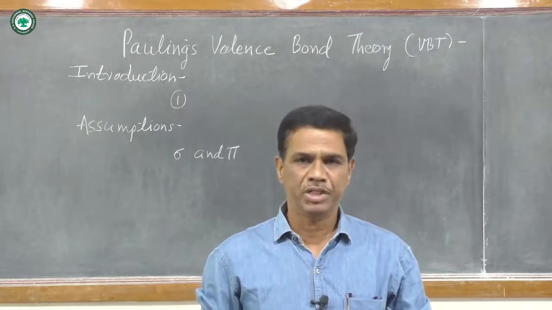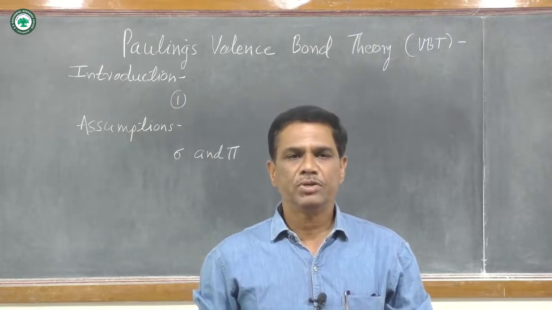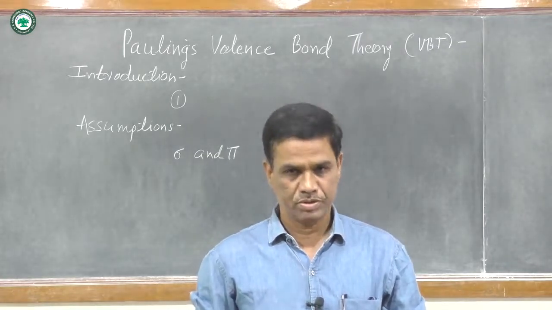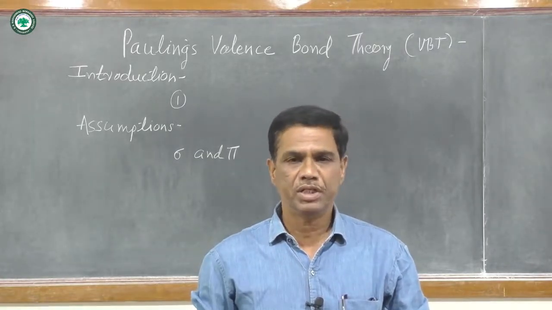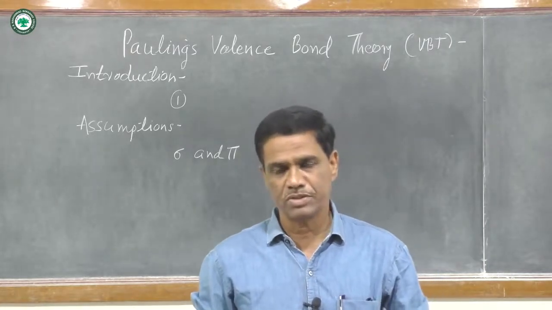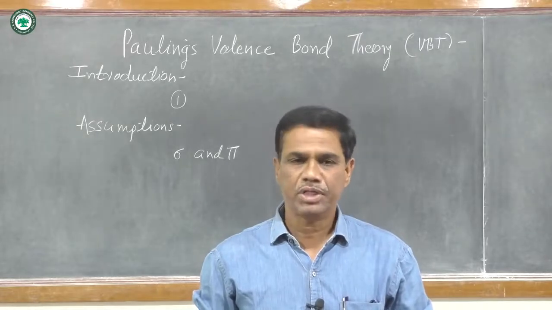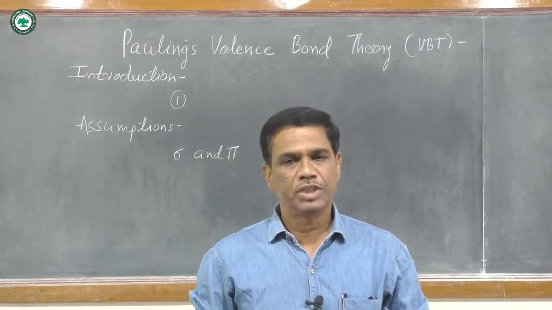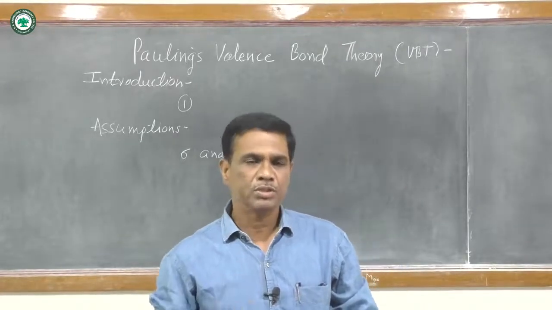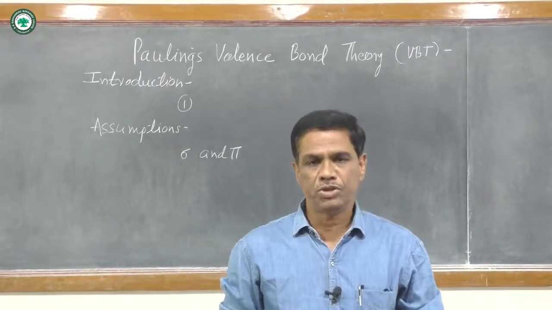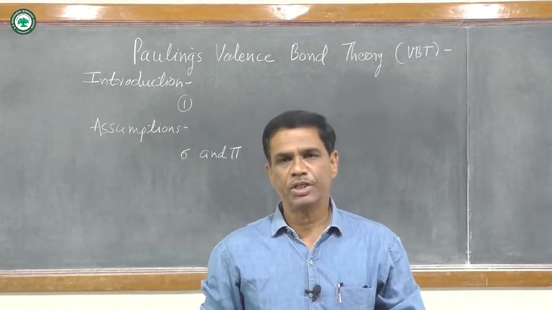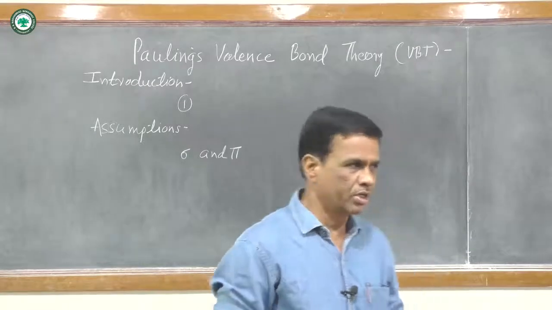Once you know the geometry and shape, from that you can determine the number of unpaired electrons. And once unpaired electrons are determined, the magnetic moment of the complex can also be calculated, using the formula mu effective equals the square root of n times n plus 2, where n is the number of unpaired electrons.